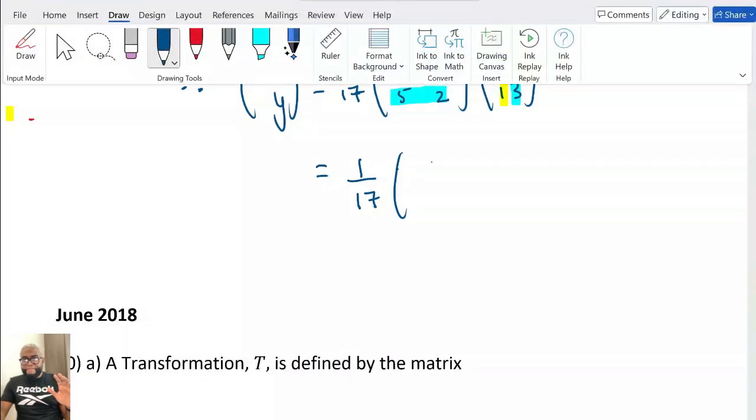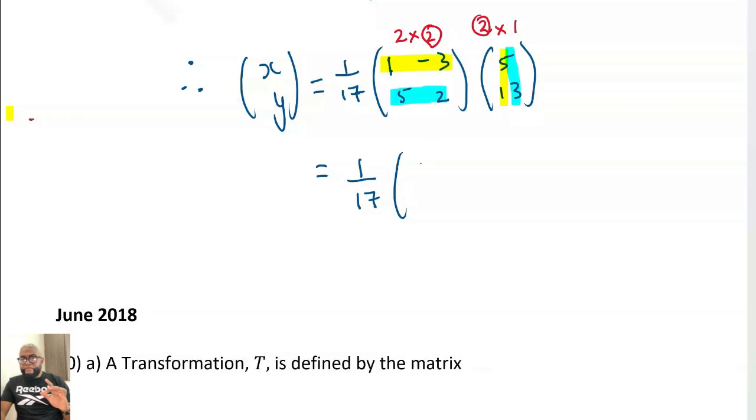So it's 1 by 5 will give me 5, negative 3 by 13 will give me negative 39. Close my bracket, because once I take the second row to multiply, you go underneath. 5 by 5 is 25, and 2 by 13 would be 26.